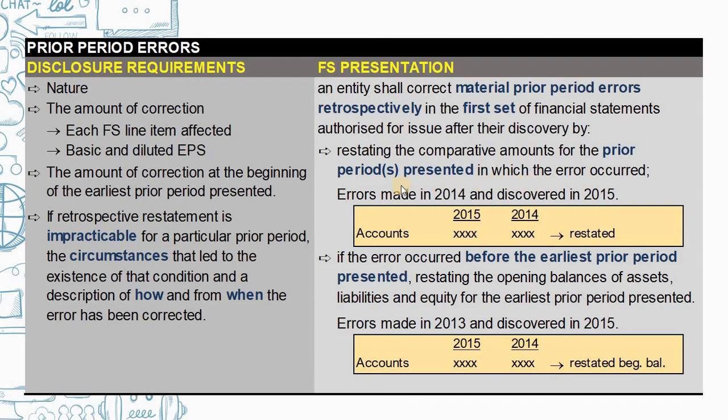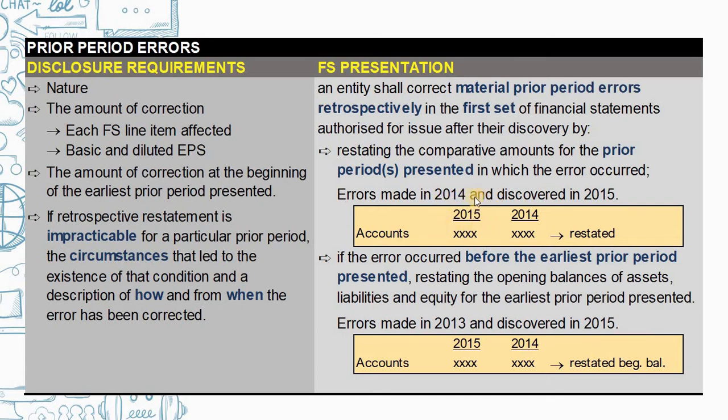So for example, the errors were made in 2014 and discovered in 2015. So in this case, the current year is 2015 and the errors were made in 2014. So the first set of financial statements that were authorized for issue after their discovery is 2015.